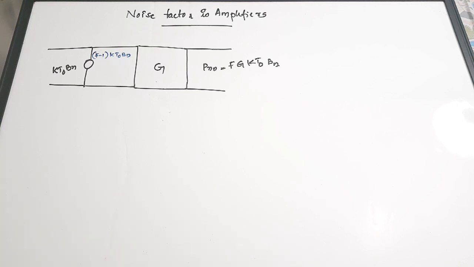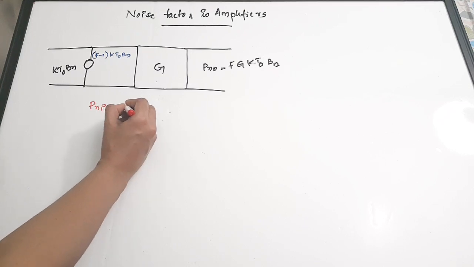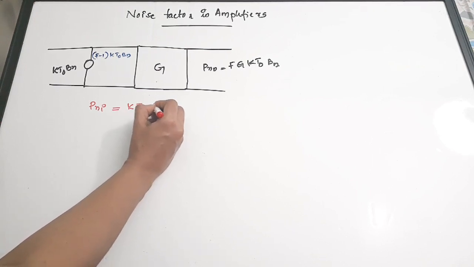Okay, so there will be some noise source. We are considering that there is a noise source kept at the input of the amplifier which is causing the noise. The input noise generated from this source is taken as PNI, and that is equal to, we are taking the value as KT0BN.